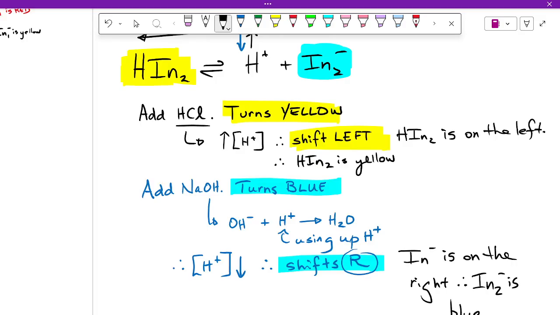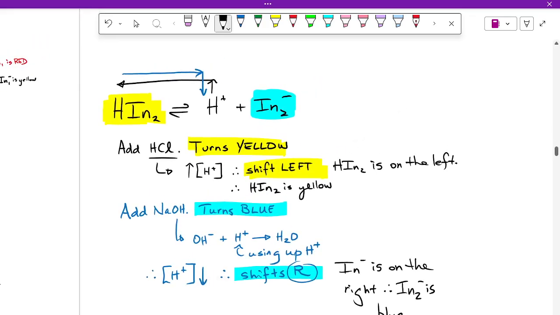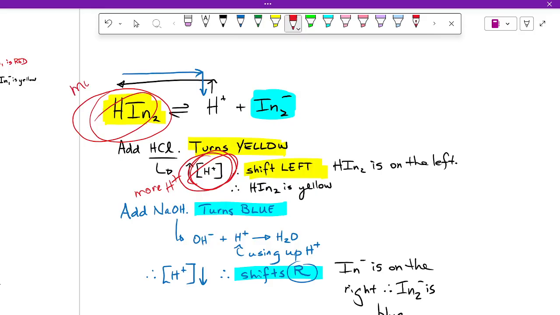So far, so good? Okay. Now, you don't have to draw this little equilibrium thing every time and write the therefore this and the therefore that, because if I've got more H, I'll end up with more of the H species. Yes?